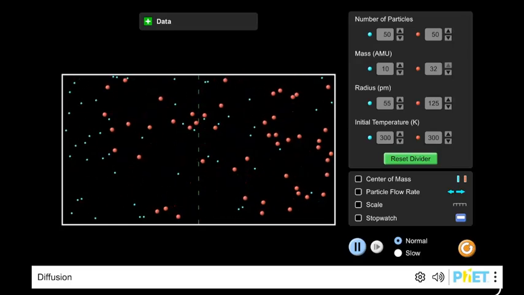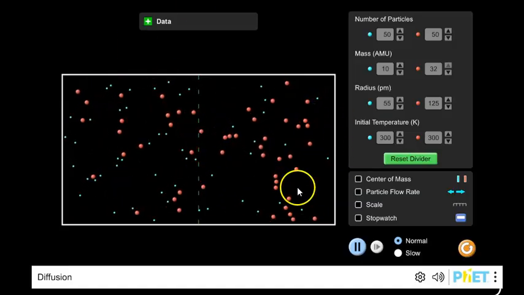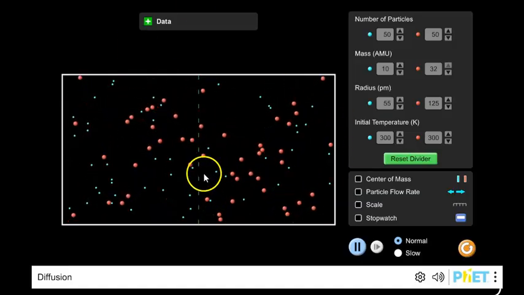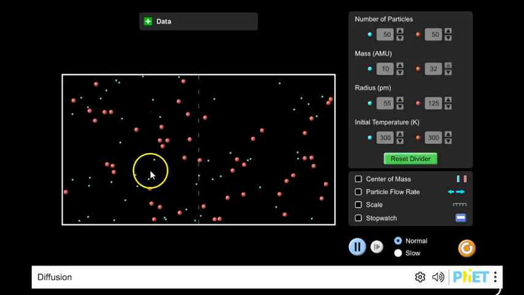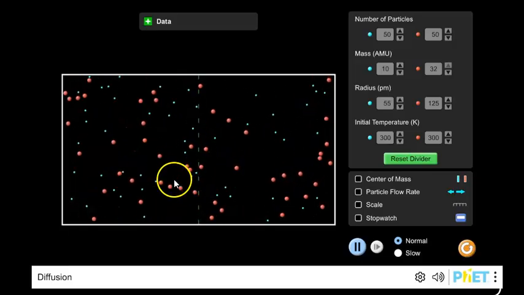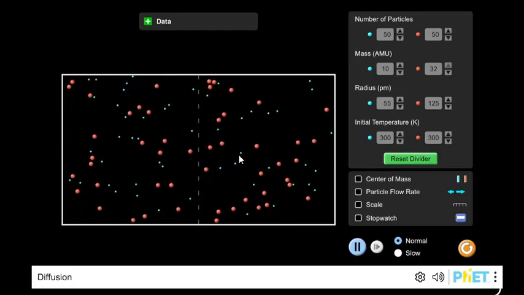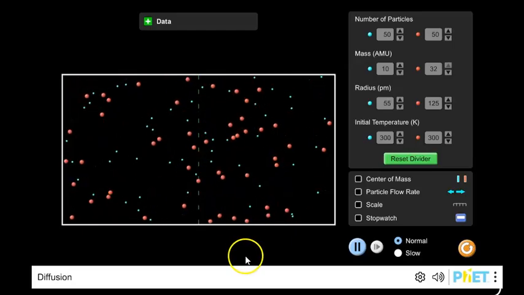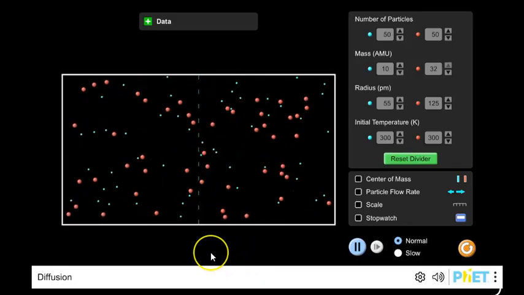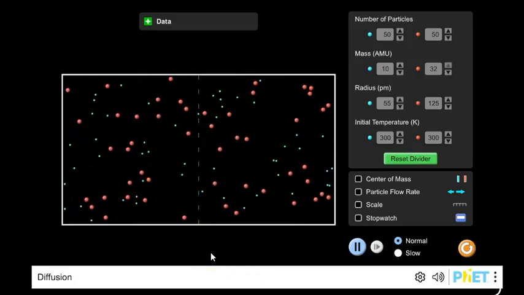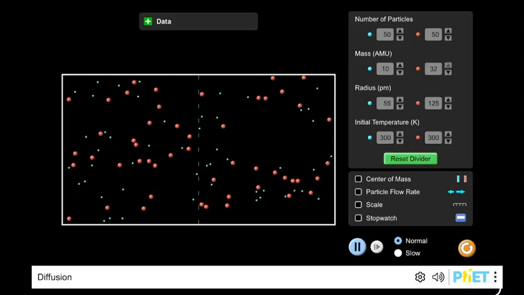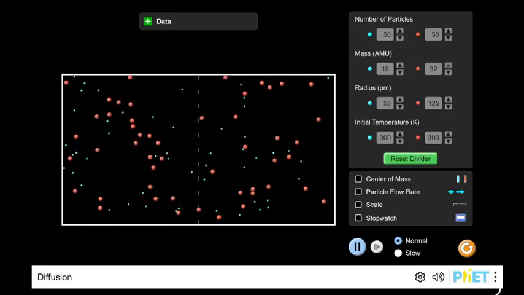We're going to go from high concentration of red over here to those red particles naturally moving and migrating into the rest of the box. So they're going to the area of low concentration until eventually, after a minute or so, it's going to be a very even distribution of the red particles, and the same for the blue, throughout the box.